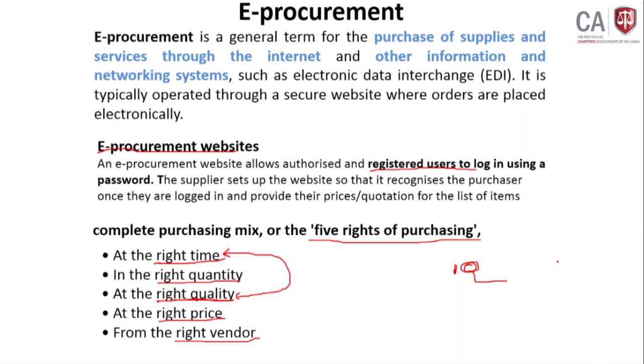As per that, they prioritize and sort out who is the first vendor to be selected, second vendor. Then they open the price envelopes, which are normally given separately. Then as per that they sort, and ultimately they select the best vendor based on the prices and the quality. So these 5 rights of purchasing have to be there in the purchasing mix.